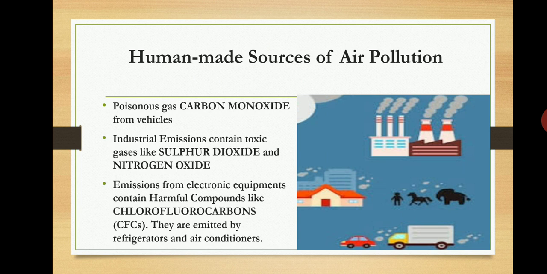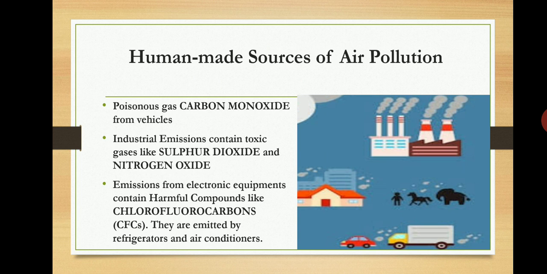Okay, now let's look at human made sources of air pollution. How do we humans contaminate our air? We cause air pollution by the poisonous gas that comes out from our vehicles, from our cars, our buses, our trucks. All these vehicles release a gas.